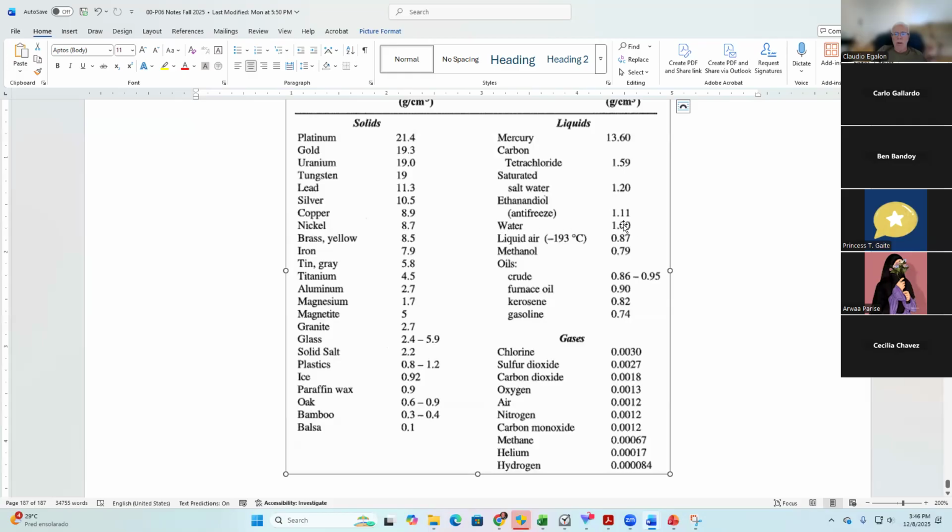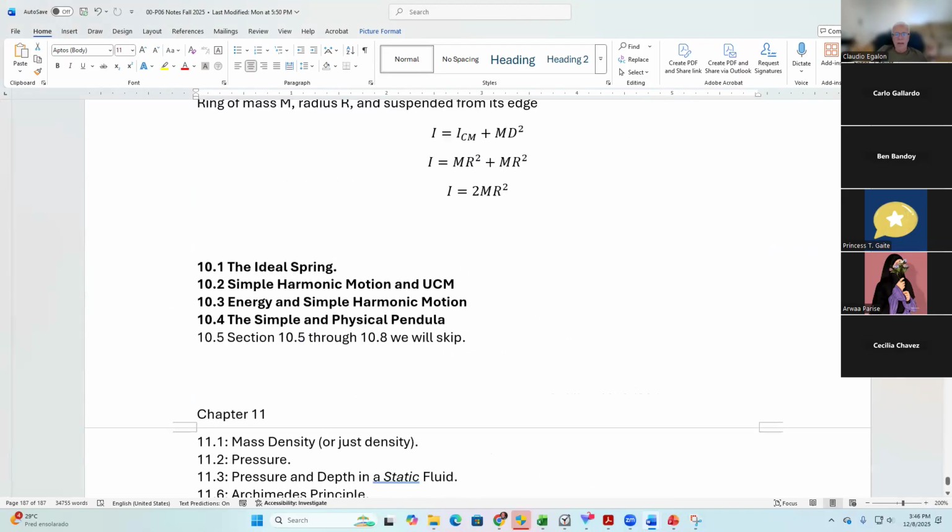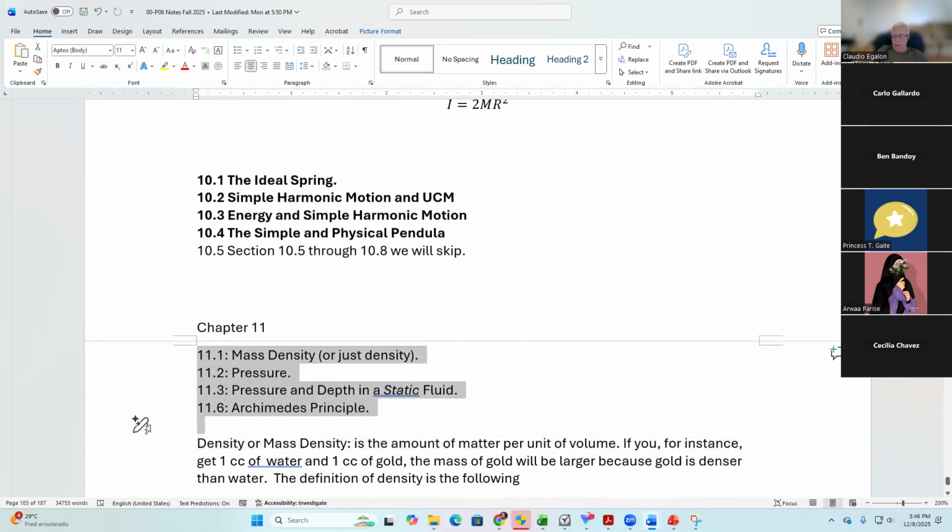The one of water. 1 gram per cubic centimeter. Okay, so we are done with mass density.